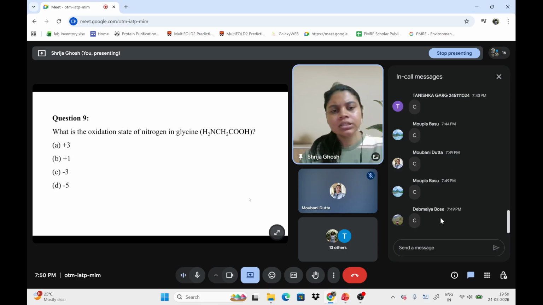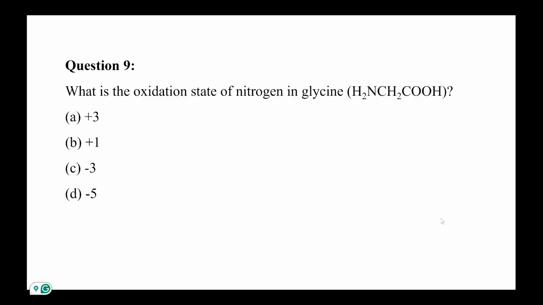Okay, let's see the correct answer. 3 of you are saying option C. That is the correct answer. Glycine is an amino acid. All the amino acids are written in the form where you have one N attached to hydrogens, attached to the alpha carbon, and then you have the carboxylic group.